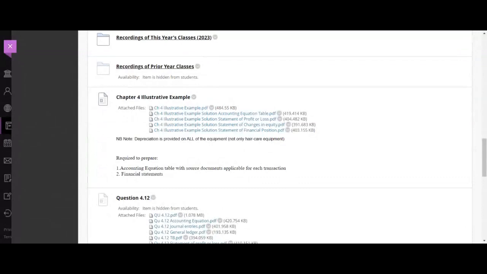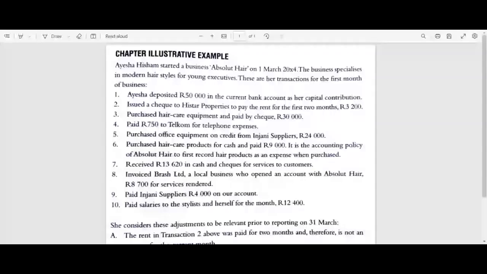If you could just give me a second or two, please. I'm just waiting for it to appear on your side. Okay, it's not a perfect scan, but that's the best I could do.